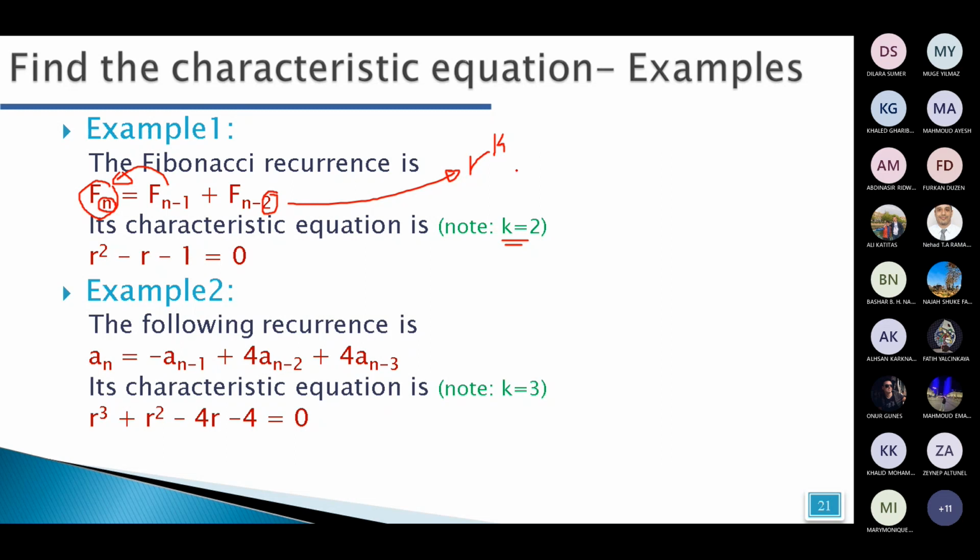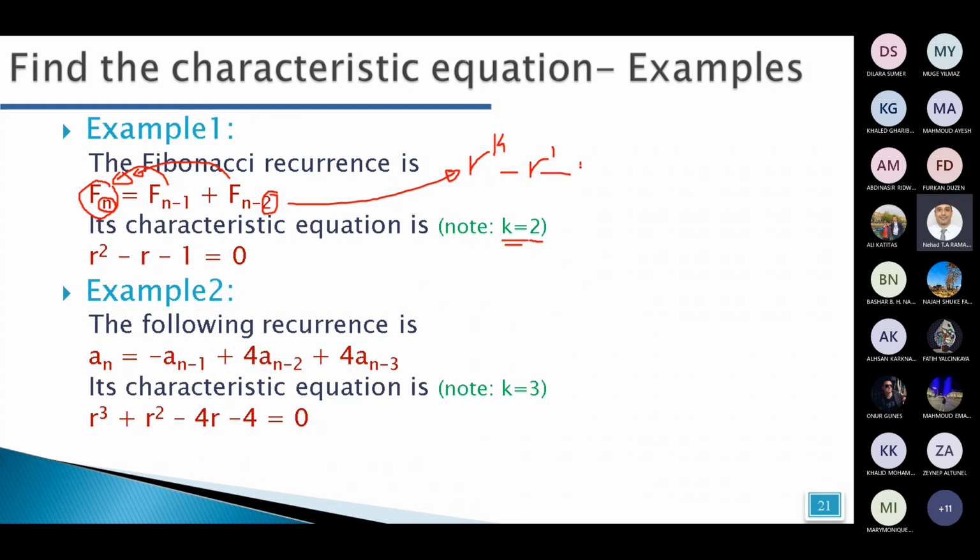So minus. It's a plus, it becomes minus when it goes to the other side. Minus r, instead of n, put k, which is 2. 2 minus 1, it's 1. So r power 1, it's not necessary to put power 1, okay? And this also goes to the other side, so it becomes minus.